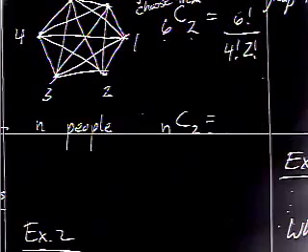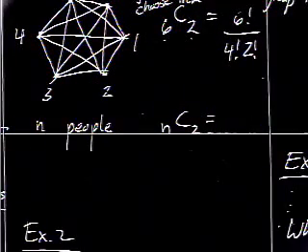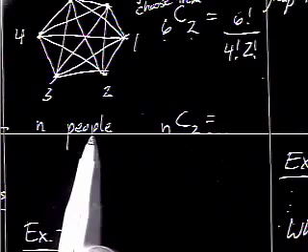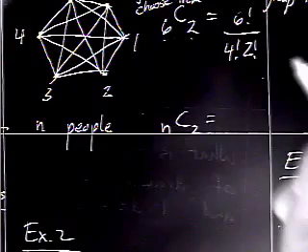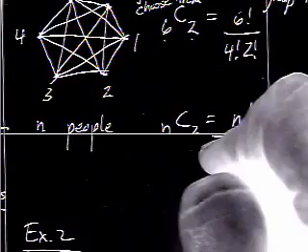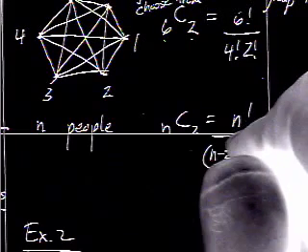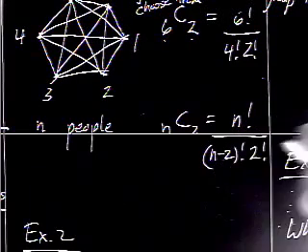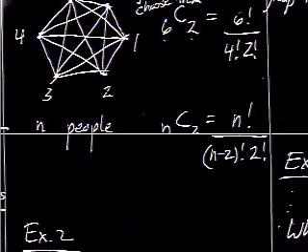We're going to use the combination formula a lot. So let's suppose you expanded this idea to n people. That would be n factorial over n minus 2 factorial times 2 factorial.